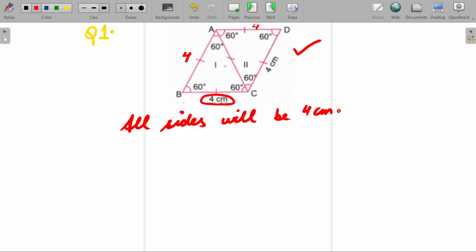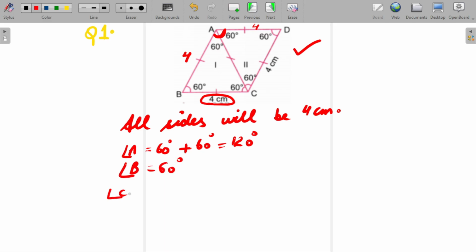As you can see the angles also, angle A, we'll count the whole angle A. So 60 plus 60, this is 120, right? So angle A is equals to 60 degree plus 60 degree, that is 120 degree. Angle B is 60 degree.